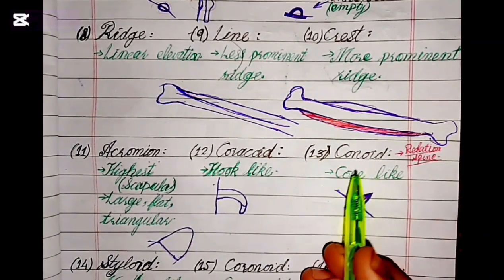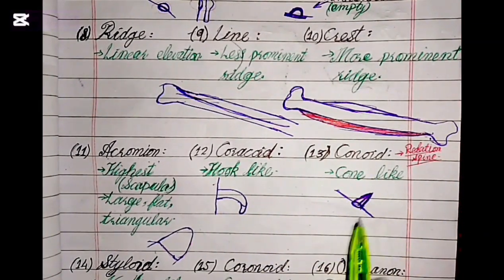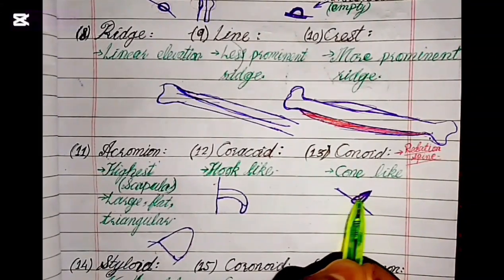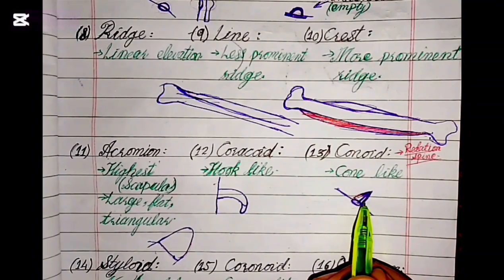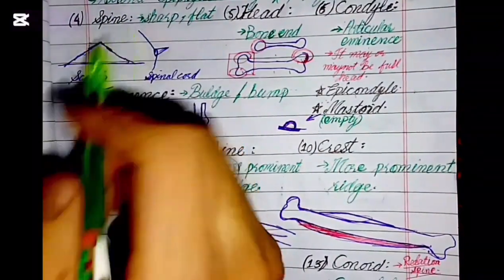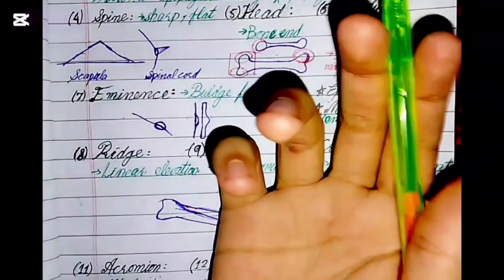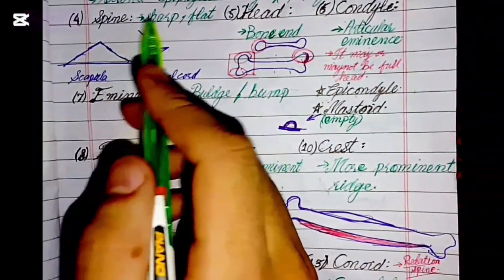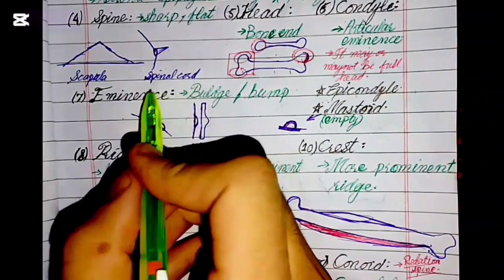And now conoid. Conoid is a cone-like projection. As we look here, it is a cone-like projection. In 3D, it looks more cone-like than a spike. And also here is a spine. Spine is present in the scapula and the spinal column. Spine is a word meaning sharp, flat, spine-like.